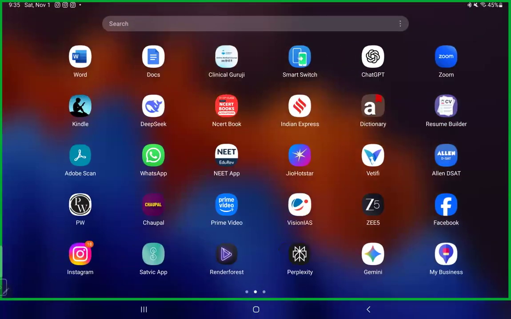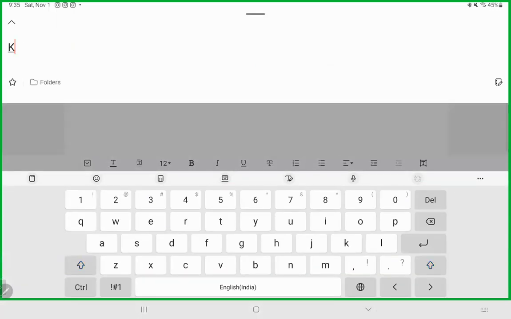I have to start a new PDF. Kinetic theory of gases.